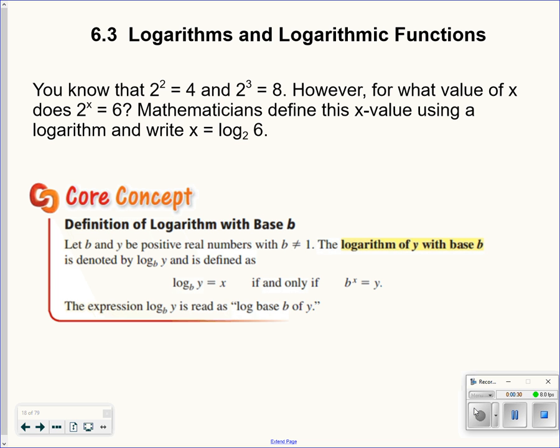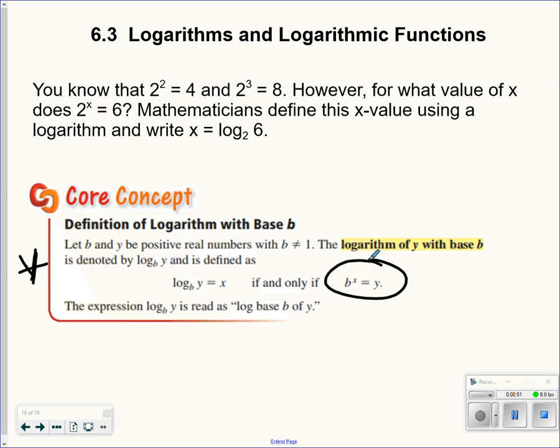This is a very important point: if you have x as an exponent, so b raised to the x power equals y, b is the base, x is the exponent, and y is what it equals, or the argument.